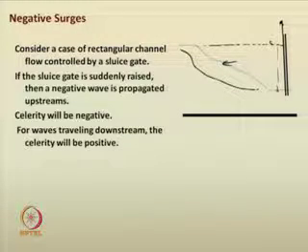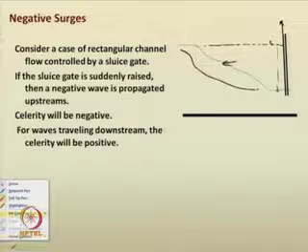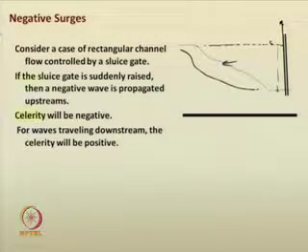You know the celerity is negative for this particular case. For waves traveling downstream, the celerity is positive. So, we can now write the following continuity equation or your differential equation itself. We have already taught you the differential equation.